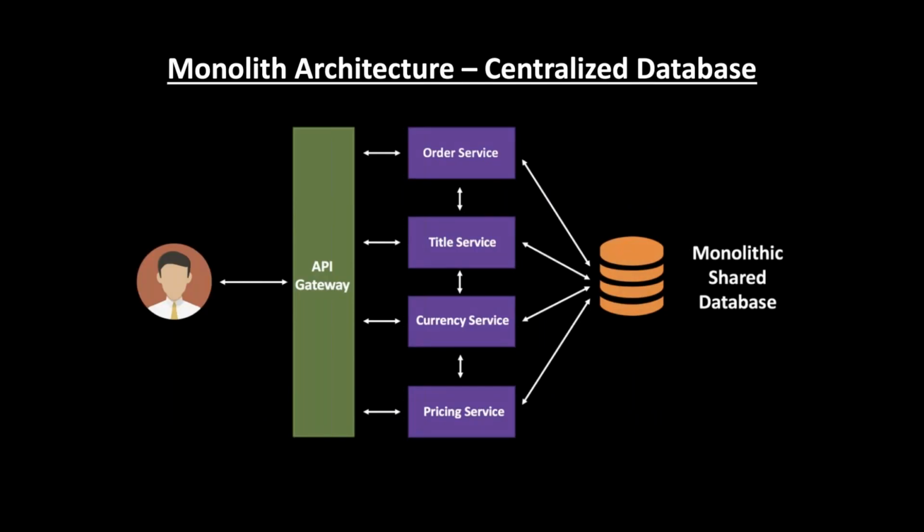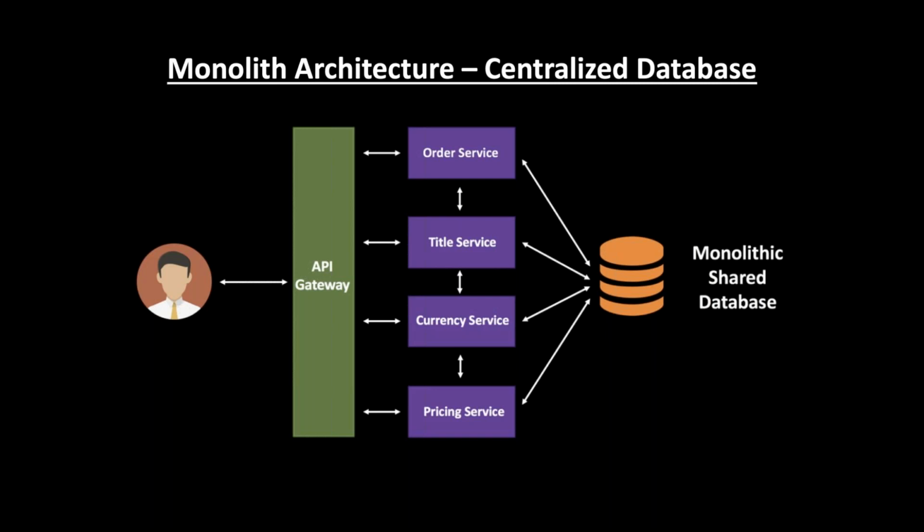Taking one step ahead, I've seen a lot of architectures which have multiple components talking to a monolithic shared database. Here we have broken down the order management service into multiple components, right? We have order service, title service, currency service, pricing service, and all of them talking to a monolithic shared database.